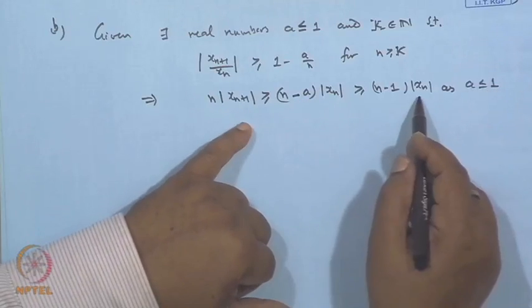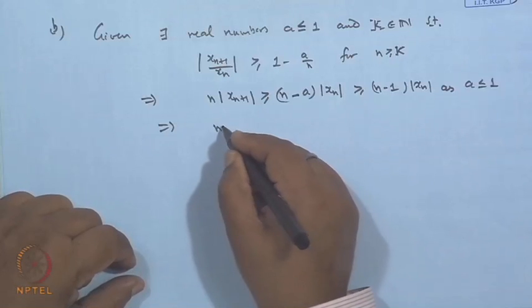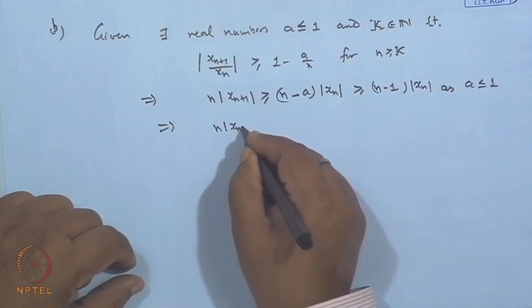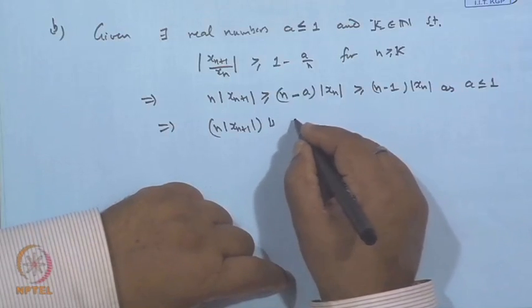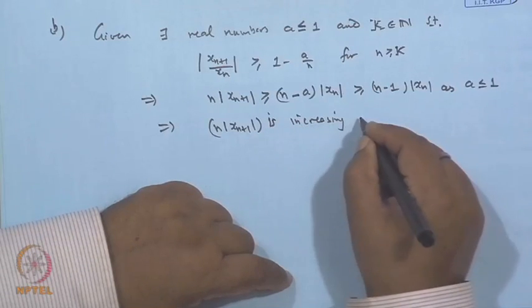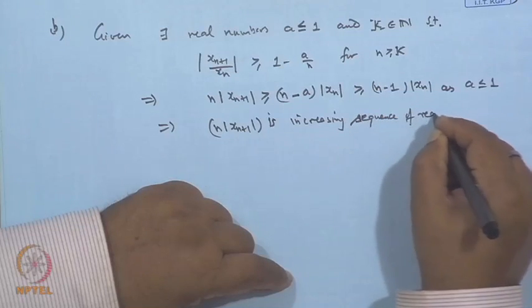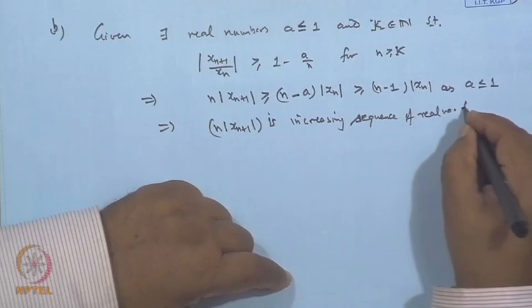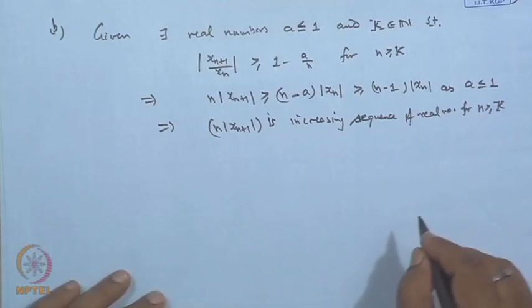So, this implies the sequence n into mod x n plus 1 is an increasing sequence of real numbers for all n greater than or equal to capital K.